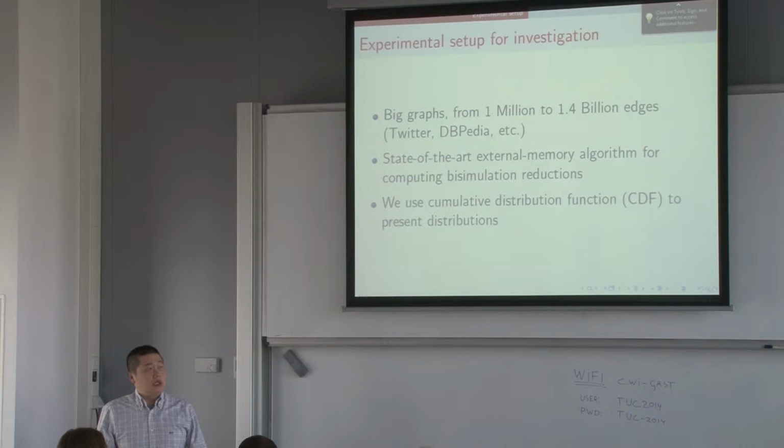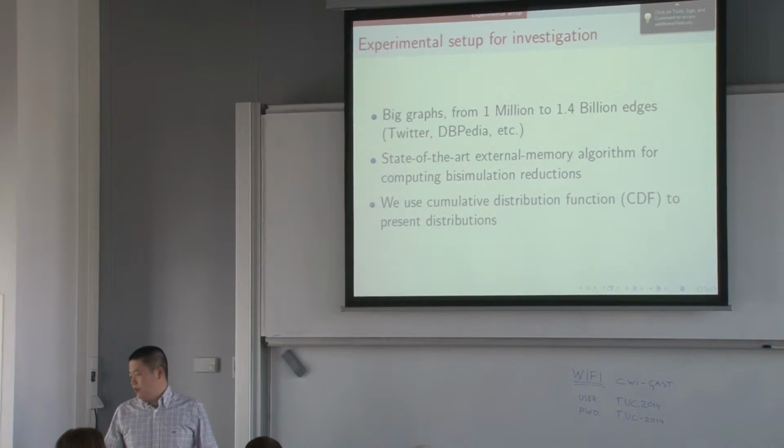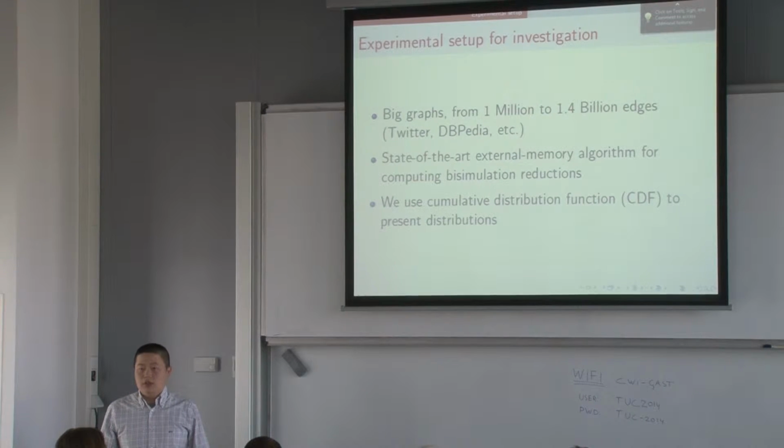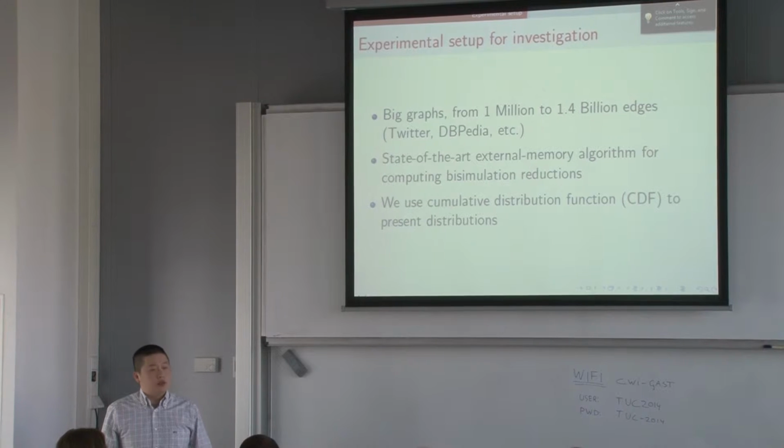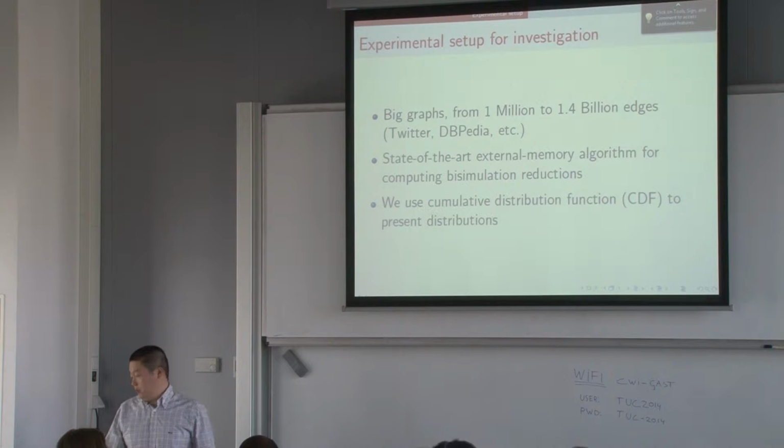So here's how we set up the experiment to investigate. We experiment with various kinds of graphs, from synthetic graphs to real-world graphs in various domains such as social networks, citation networks, and others. We use a state-of-the-art algorithm to compute the result.